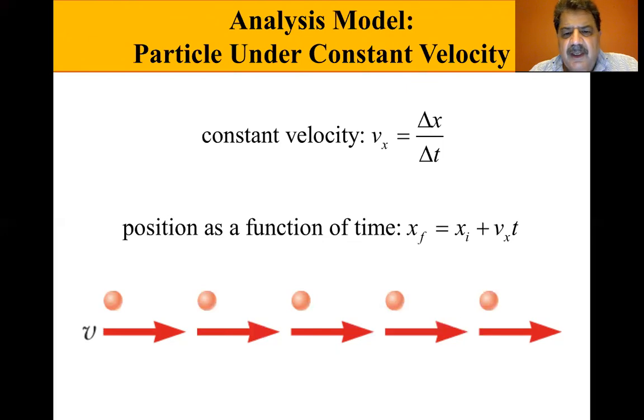You can see that there's equidistant spacing between the little reddish, pinkish balls, and the velocity vectors, the red arrows, are all the same size and all going in the same direction. Examples of particles under constant velocity would be a meteoroid traveling through gravity-free space, a car traveling at a constant speed on a straight highway, a runner traveling at a constant speed on a perfectly straight path, and an object moving at terminal speed through a viscous medium.